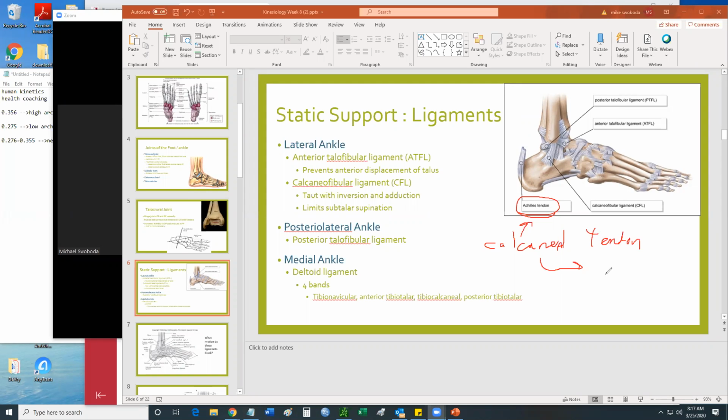And that's formed from gastroc and soleus. Your Achilles tendon, your calcaneal tendon, is your thickest, biggest tendon you have in your body. So this is your strongest tendon you have. If you injure this, if that ruptures, you can't walk.